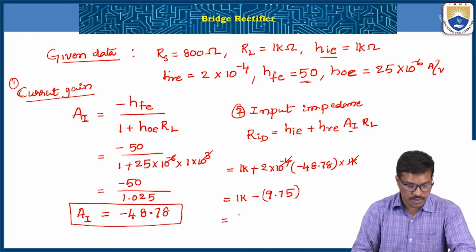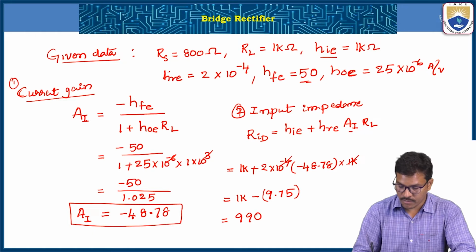Subtracting from 1k, 1000 minus 9.75 gives approximately 990.